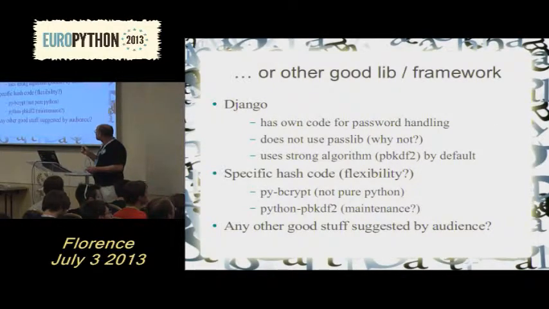It's not using Passlib, but it still uses quite sane algorithms, for example, this one by default. So Django is also quite okay. There are also some other libraries than Passlib, for example, this PyBcrypt library or PyPBKDF2. And maybe there are also some others. These are the ones I found immediately.